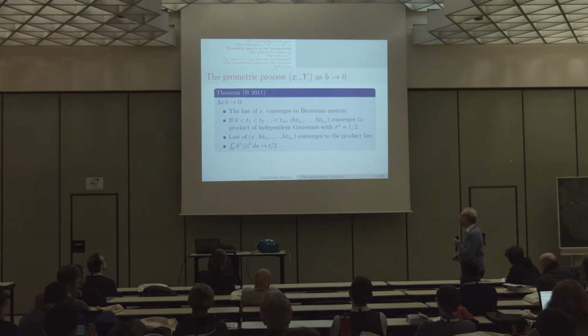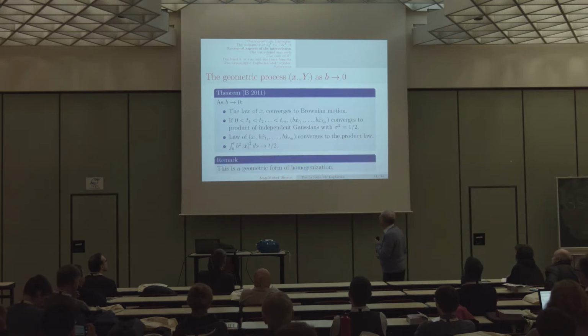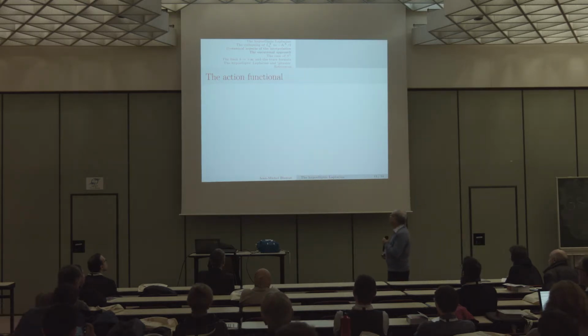And probably even stranger, the proper version of the energy of this hypoelliptic diffusion converges to something deterministic, which is T/2. As we shall see later on, that's a manifestation of the conservation of energy. All these statements are a geometric form of a well-known phenomenon in statistical physics, which is homogenization.